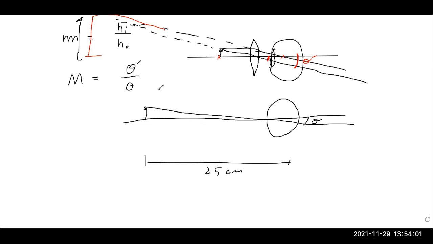So if we make the image a million times taller, yay, but it seems much farther away. What really matters is how much taller it seems to be. What is the angular height of it?